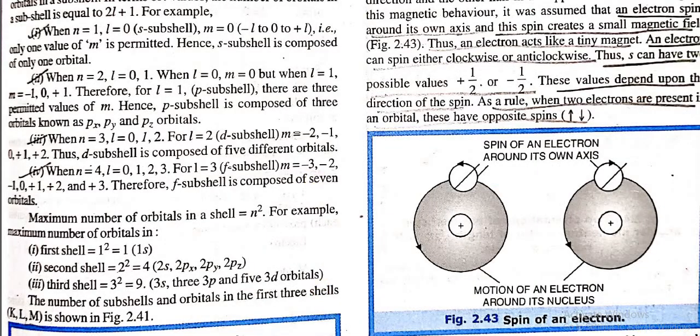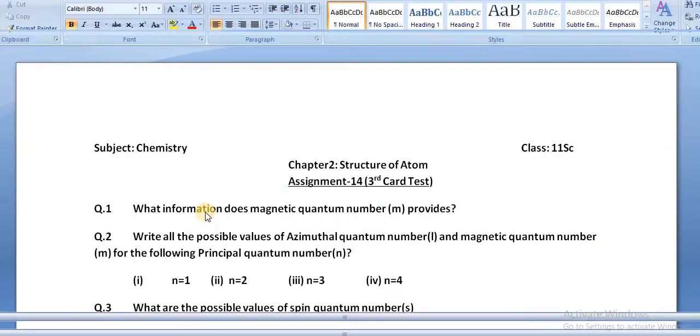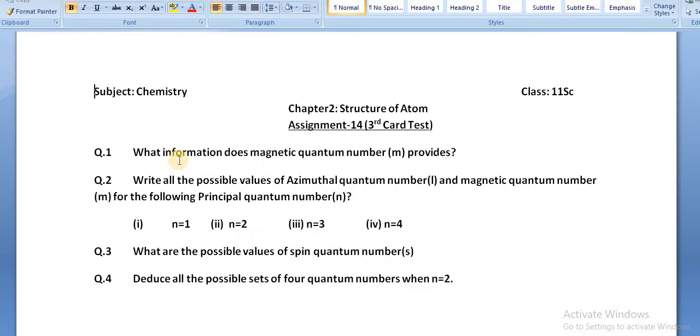Now today's assignment number 14. Question 1: What information does the magnetic quantum number m provide? Question 2: Write all the possible values of the azimuthal quantum number L and the magnetic quantum number m for the following principal quantum numbers: n equals 1, 2, 3, and 4. From these values we have already found the L values; now we have to find the m values.